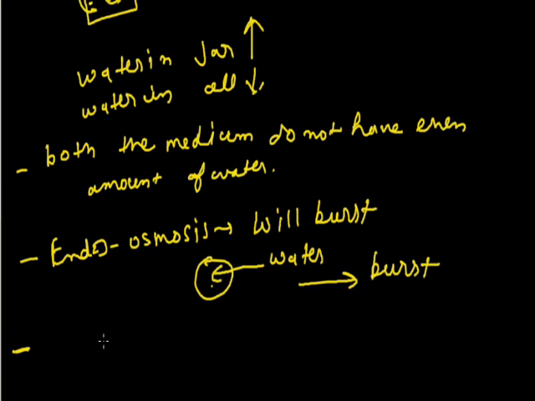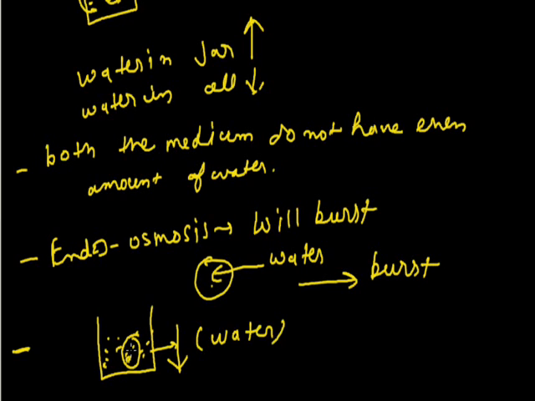The second example we have: if I put the cell in a medium having less water as compared to the cell, it means the cell has more water and the jar has less water.